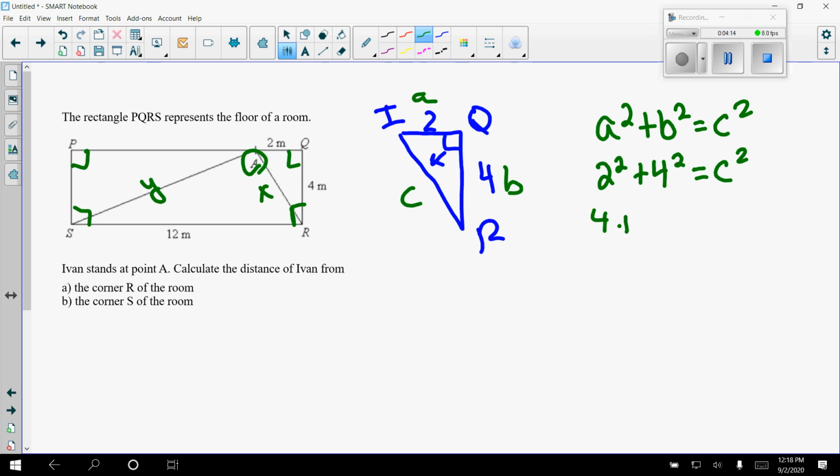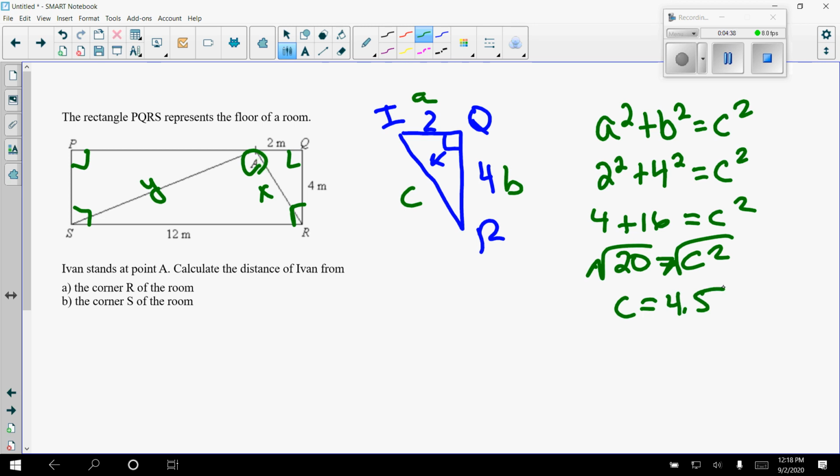So this is 4 plus 16 equals C squared. 20 equals C squared. So I square root both sides. The square root of 20 is not going to be a nice number, but it is going to be a number nonetheless. So the square root of 20 is about 4.5.